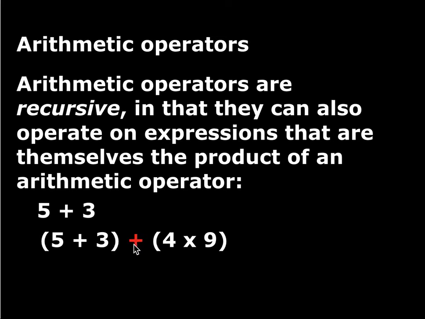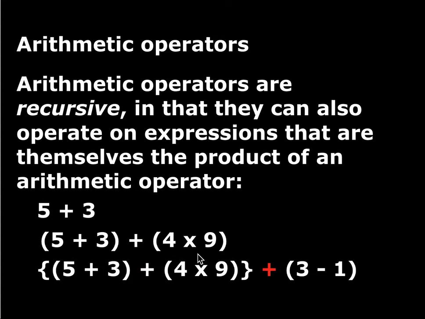So here we have the arithmetic operator of addition combining two compound statements into a bigger compound arithmetic statement. And then this can obviously just go on forever. We can use addition again to combine two even bigger compound expressions into a much larger one. And so we can make arithmetic expressions that are arbitrarily complex because these operators are recursive.